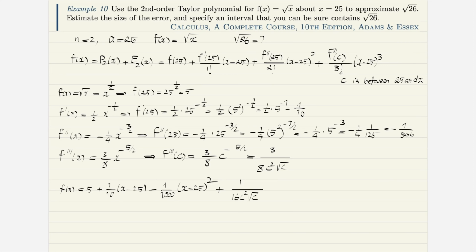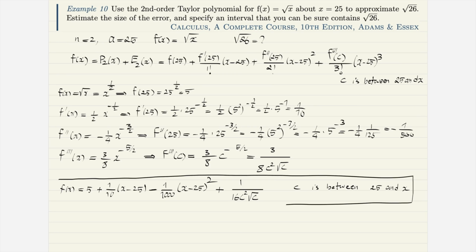But what is c? c is between a, 25, and x. So this is the formula that we have now. This is what we learned today in Taylor's formula, okay?